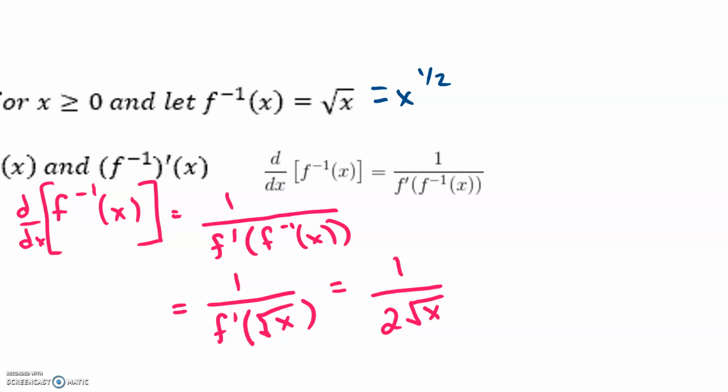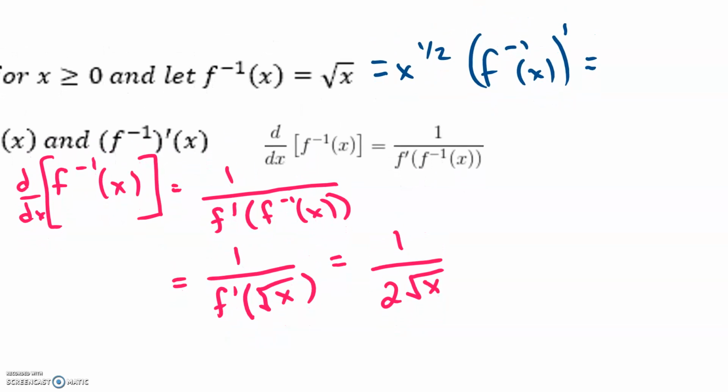We use our power rule once we've rewritten that as a fraction. So the derivative of that inverse, that's just another way to write it without the dx, right? We would pull down that exponent and make it one smaller.